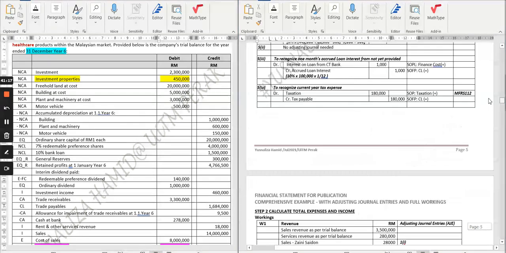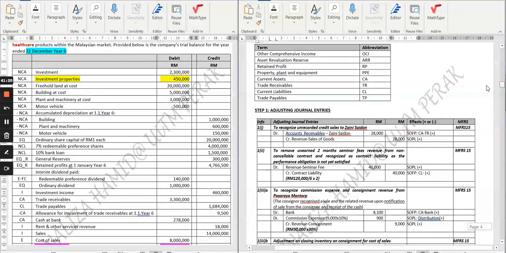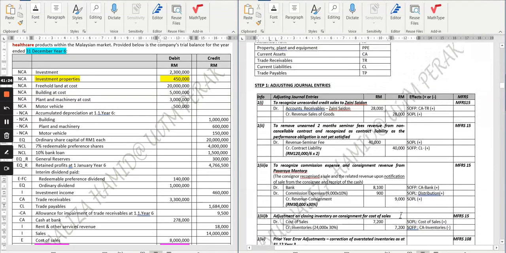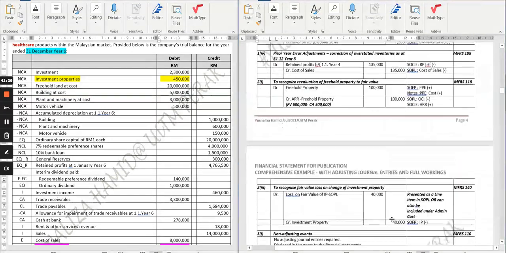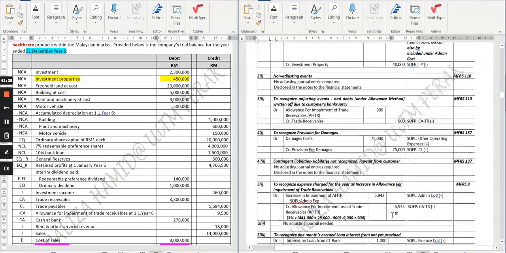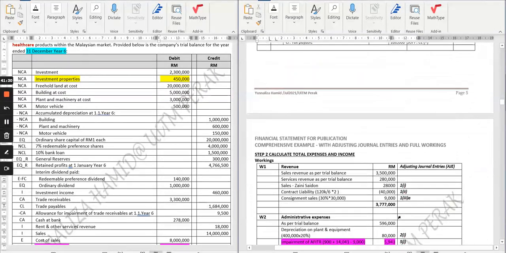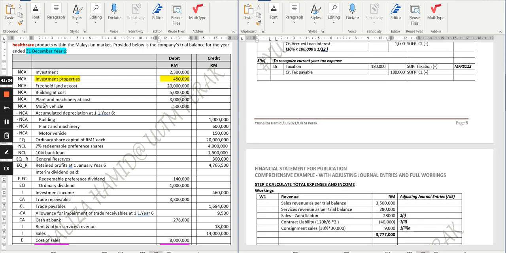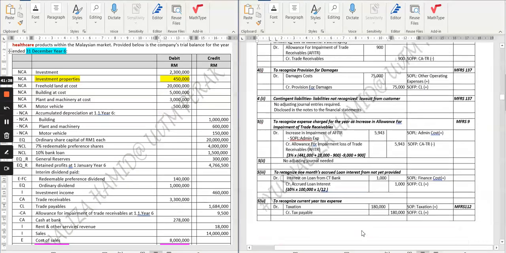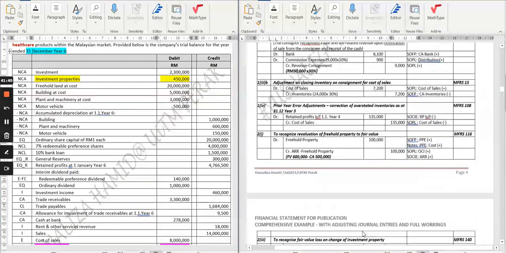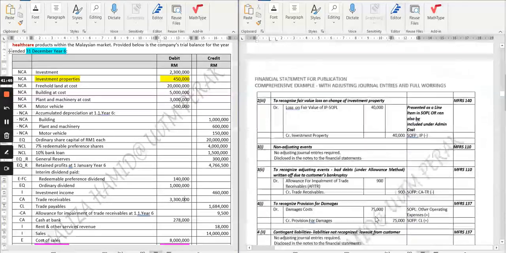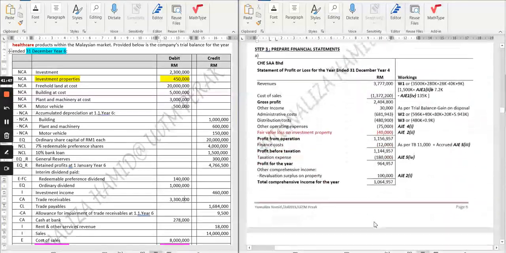Another one is this 200,000 that you have done in your workings for your another one. It is somewhere at the bottom. Let me show you.